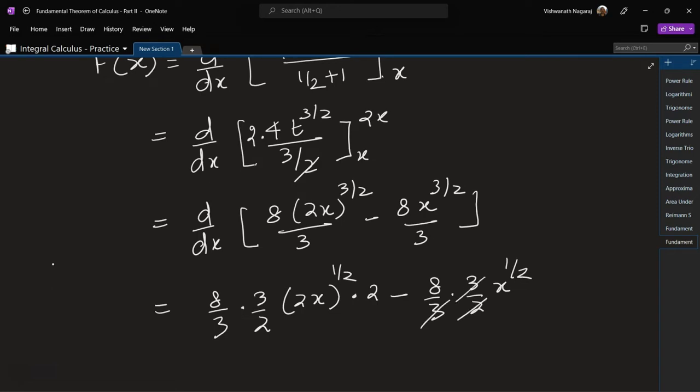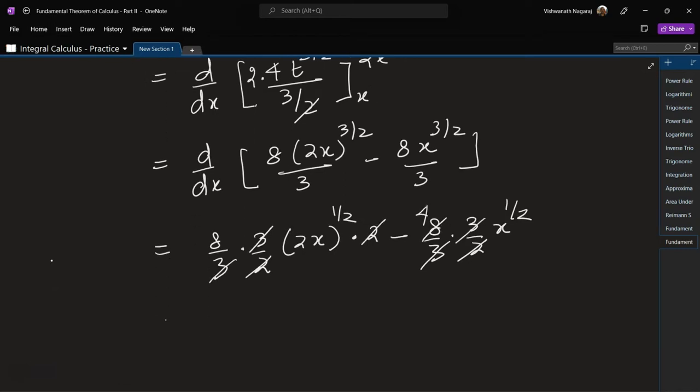So 3 and 3 cancel, 2 and 4, 3 and 3 cancel, 2 and 2 cancel. So we are left with 8 times 2x to the power of 1 by 2 minus 4x to the power of 1 by 2. So that is the result.